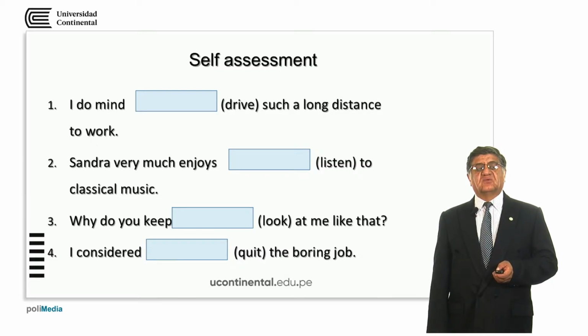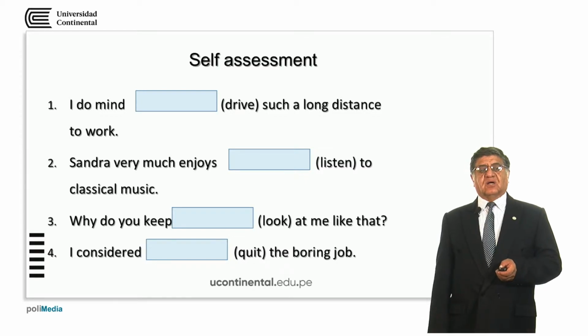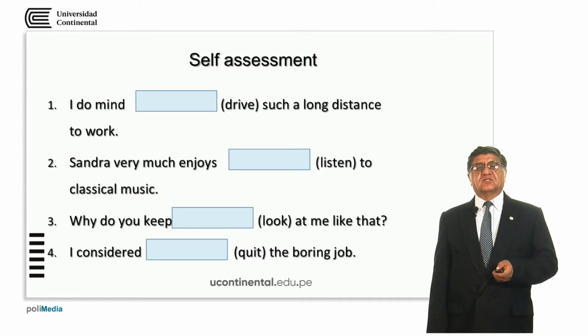And in this case, it would be, I do mind driving such a long distance to work. And the same in number 2, listen. The third is look. The fourth is quit. These examples are really easy for you that are in a quite interesting level of mastering English.